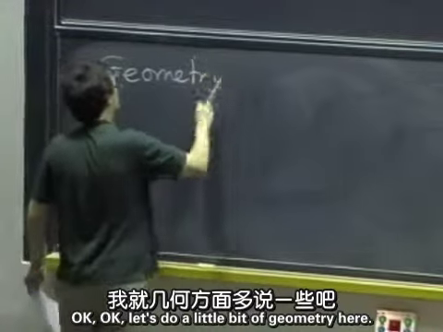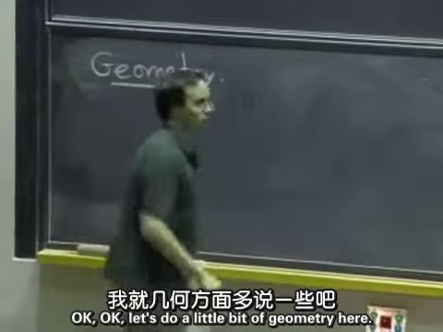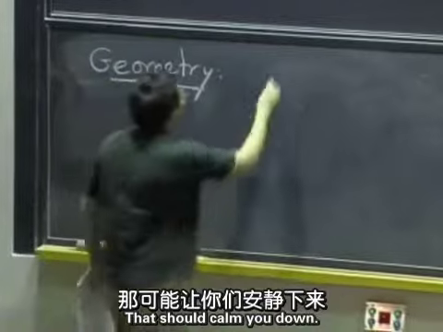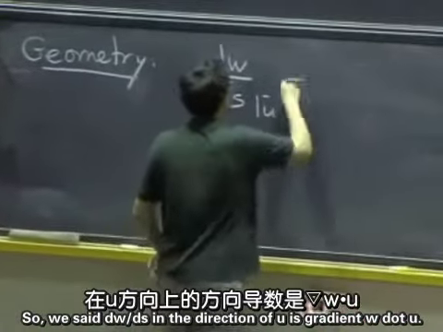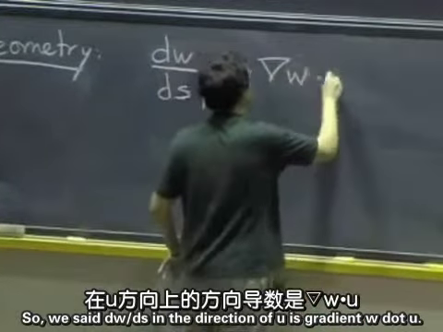Okay, let's do a little bit of geometry here. That should calm you down. So we said dw ds in the direction of u is gradient w dot u.